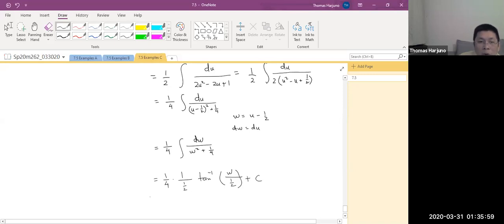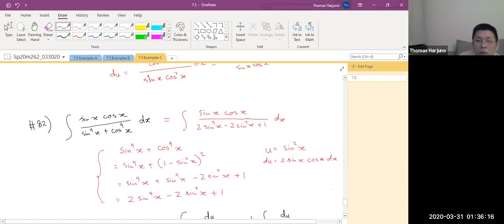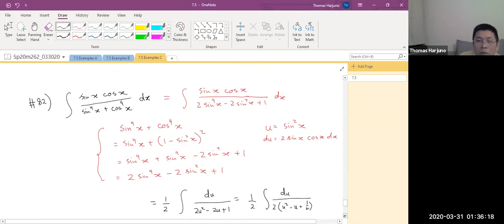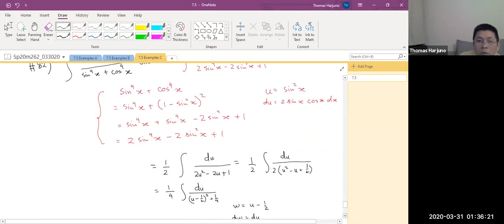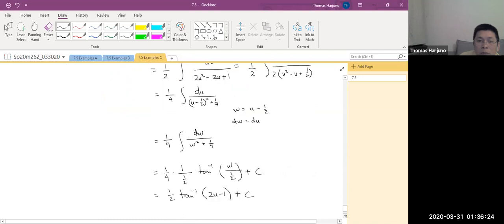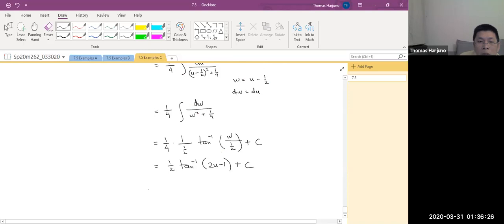So going further, this is 1/2 tangent inverse of 2 times w. But what's my w? That's 2u minus 1. And what's my u again? Sine squared. This is 1/2 tangent inverse of 2 sine squared x minus 1, plus C.